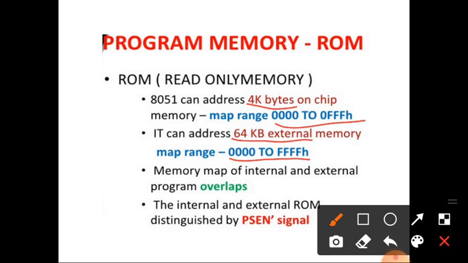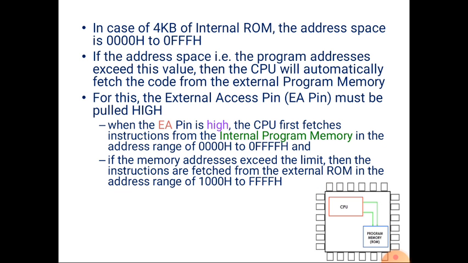And the memory maps of internal and external program memory may overlap. The internal and external ROM is distinguished by the signal PSEN. Here, we are using 4 kilobytes of internal ROM, and that is inside the chip.